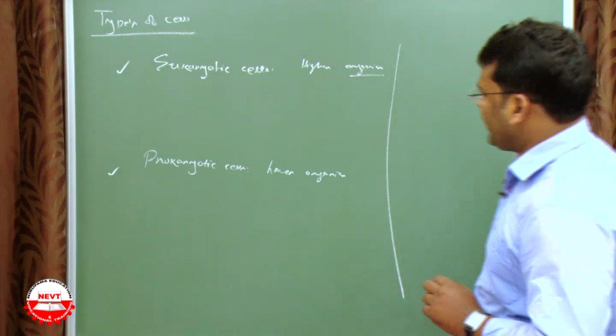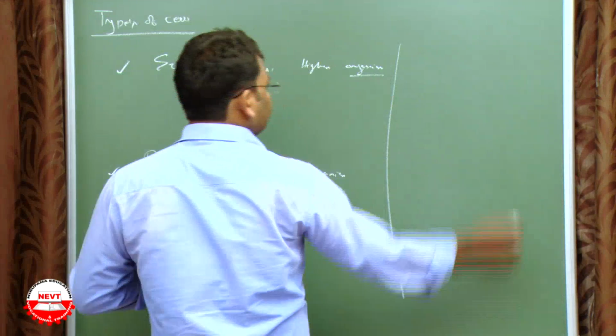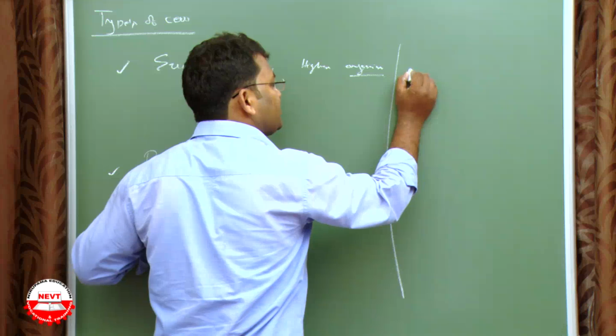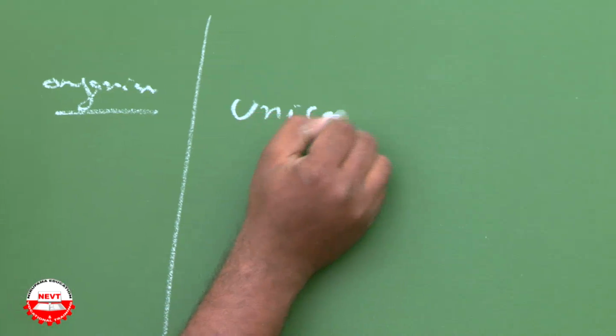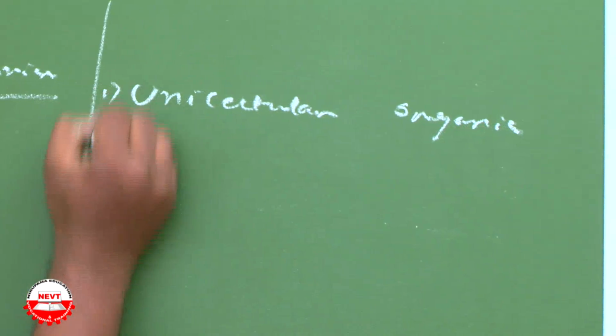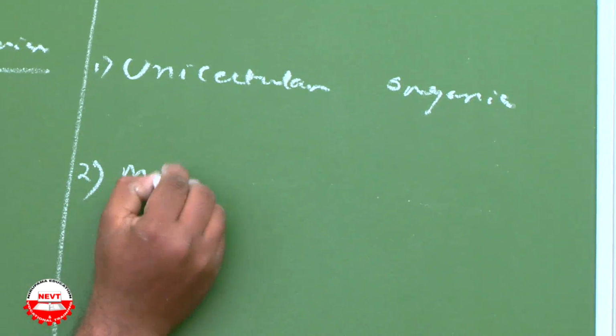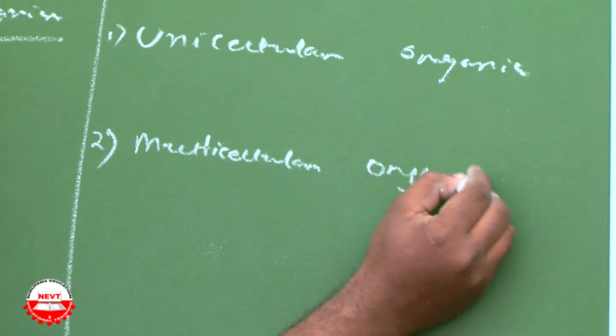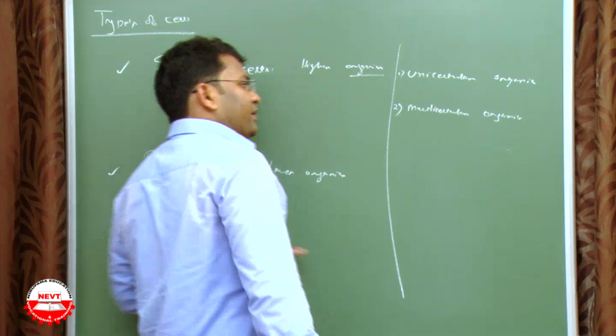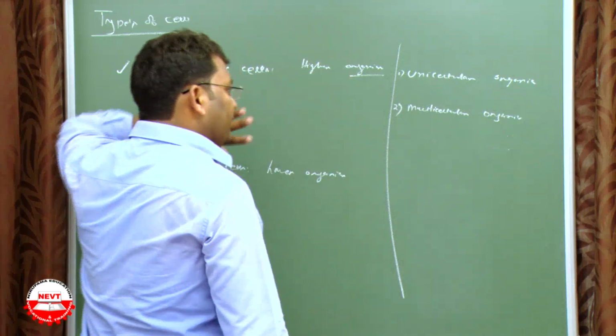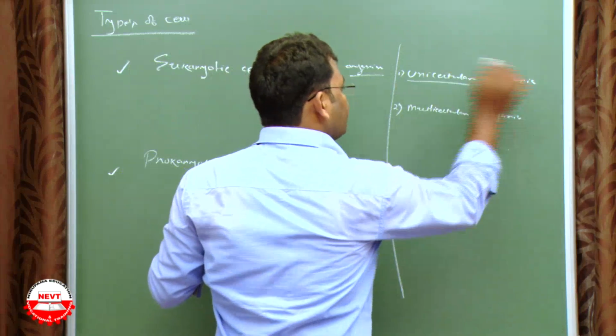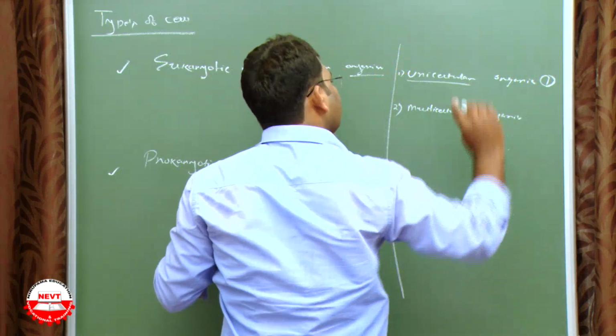Next, according to the presence of cells in an organism, there are two types: unicellular organism and multicellular organism. Unicellular contains one cell and performs all its functions using that one cell.